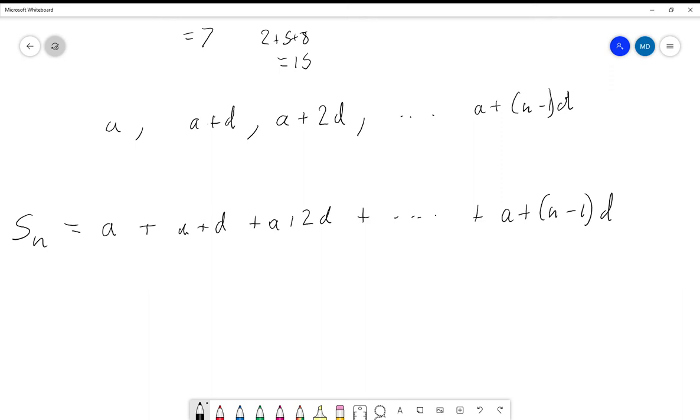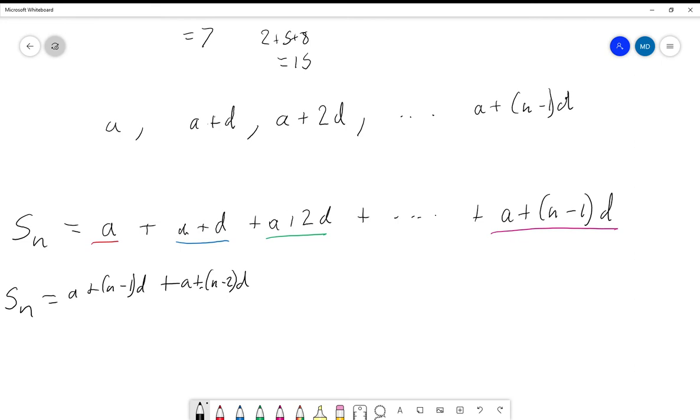So the trick we're going to use here is we are going to write out the sequence again. And we've got all of these different terms here. And I'm going to write out the sequence again, but backwards. And then here we'll get a plus n minus 2 d, because we've got one less, because I'm writing the sequence backwards.